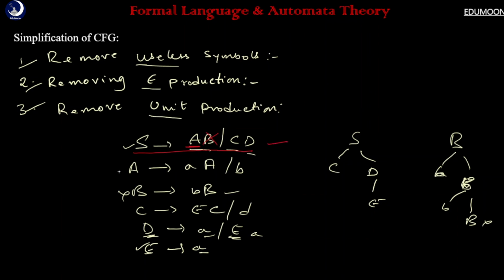Once you eliminate this production rule, S will be generating only C and D, and it cannot generate A anymore. And of course B is eliminated. So finally the productions left are C and D. So this is how the simplification of the CFG is done.